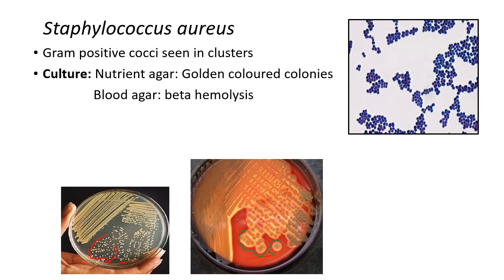So beta hemolysis means complete lysis of RBCs, and you can see this large colony which is golden colored with a narrow zone of complete hemolysis of RBCs, which is termed as beta hemolysis. Okay. Now the size of the colony is also described as pinhead. All right. So 2 to 3 millimeters in size, and it is a pinhead sized colony.